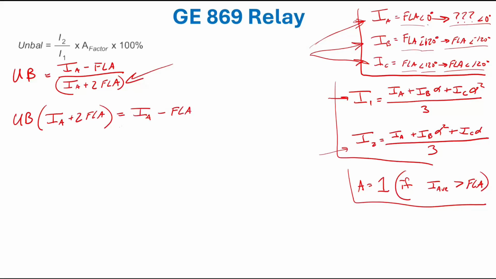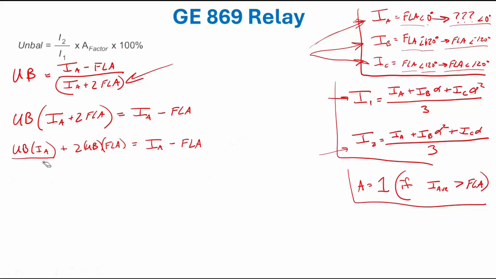All right, so now we've gotten that. The next thing we'll do is we'll distribute this UB to both. So UB times IA plus 2 UB FLA equals IA minus FLA. We'll add FLA to both sides. That'll get this to the other side, and we'll subtract UB IA from both sides.